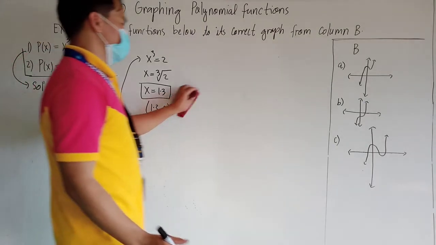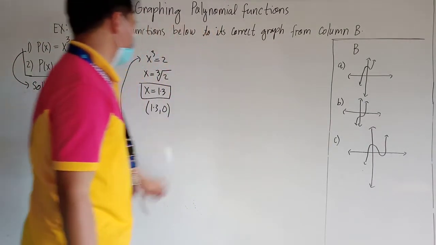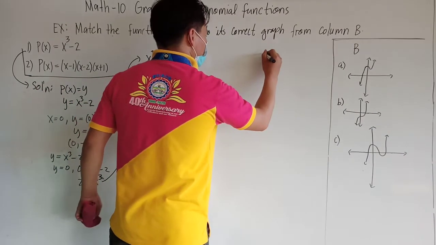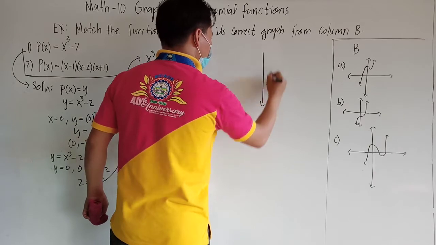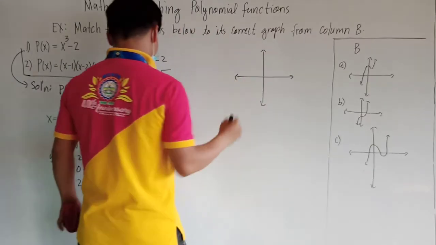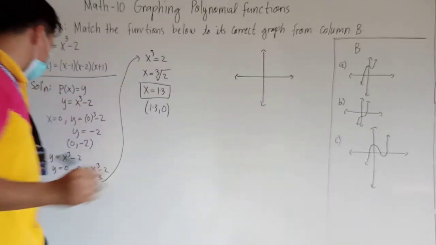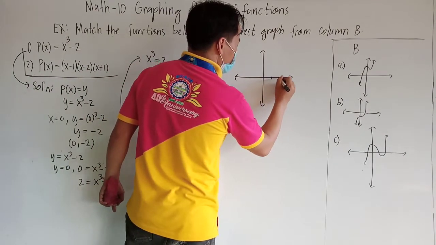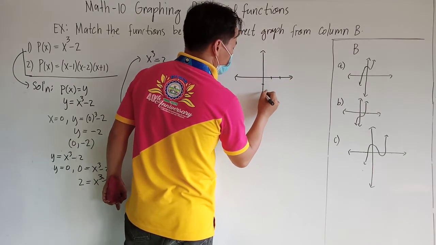Then let us now use the rectangular coordinate plane, and we will plot those points. Okay, we have here, the highest point is at 2. So we have 1, 2, 1, 2.